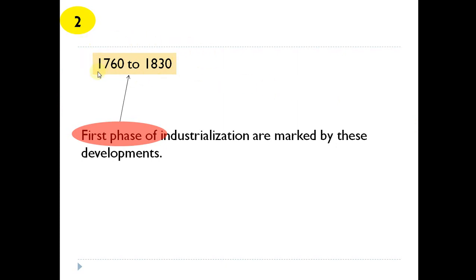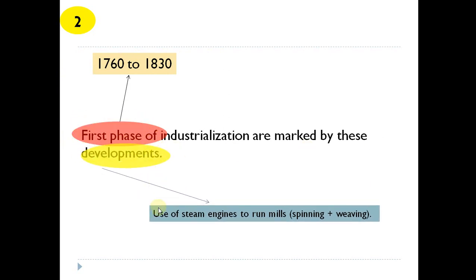Some people say that it spans from 1760 to the 1900s. But nevertheless, this is relevant to our example. Developments like the steam engine to run mills, steam locomotives, even mechanized lifts. Mechanized lifts were a boon for the coal mining industry.